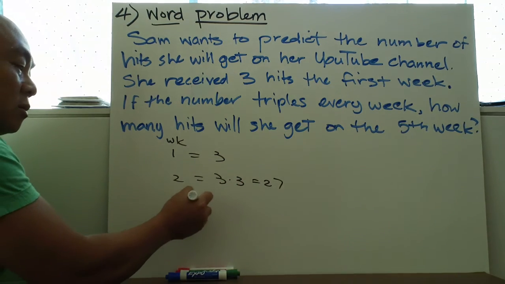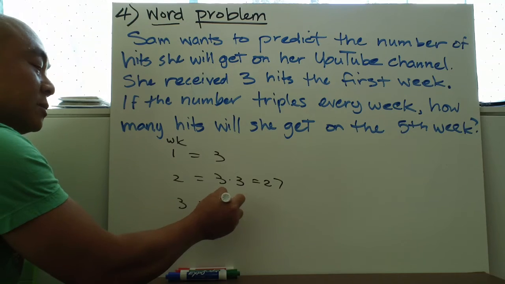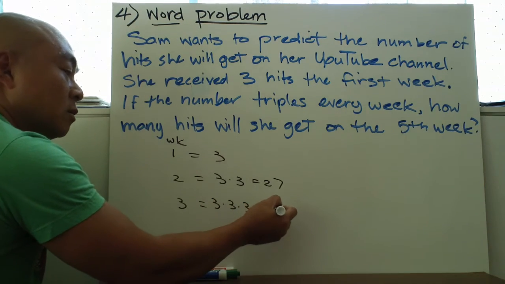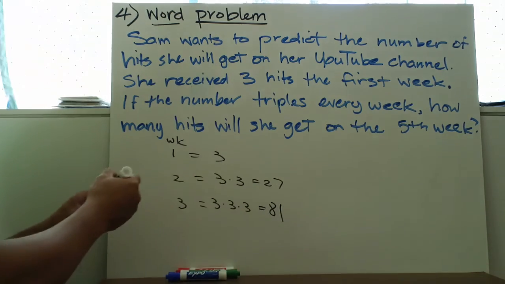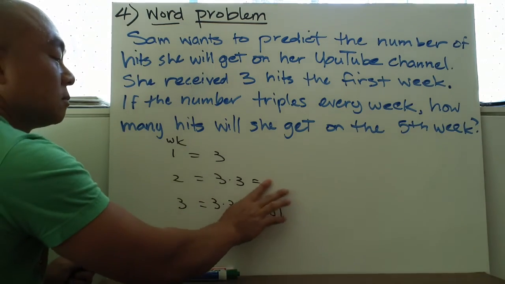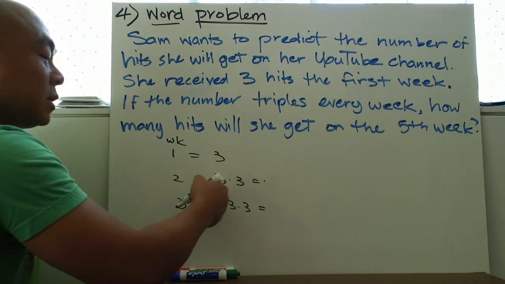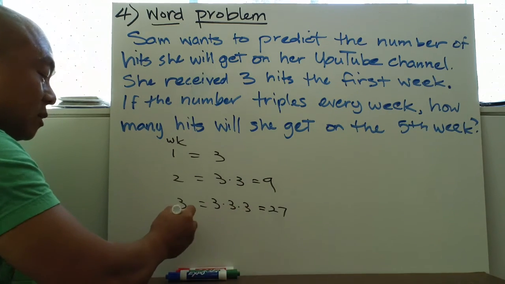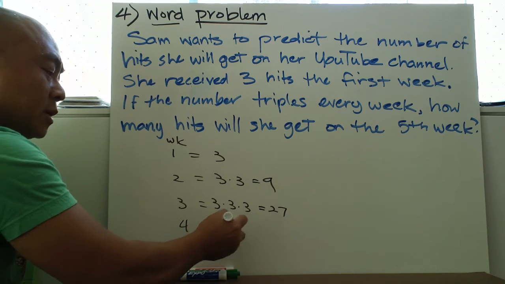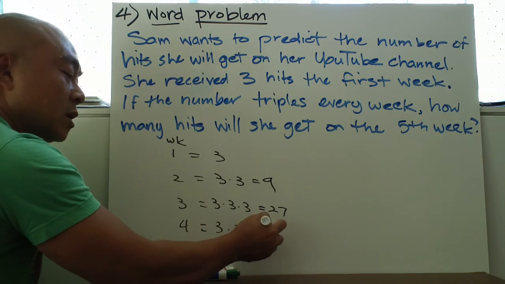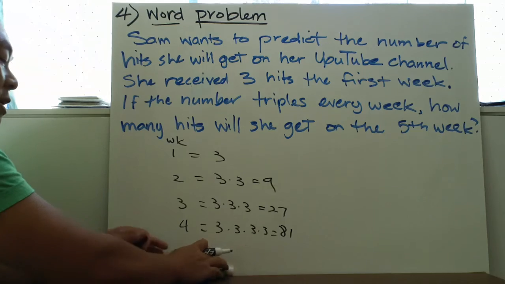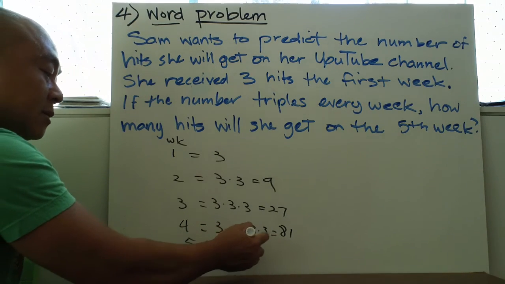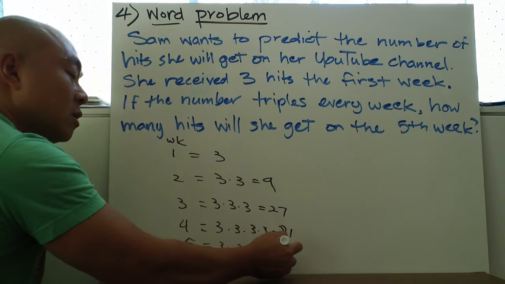Our 3rd week would be 3 times 3 times 3, so it triples that, and that gives me 27. The 4th week would be 3 times 3 times 3 times 3, and that gives me 81. And then finally, on the 5th week, 3 times 3 times 3 times 3 times 3 is going to give me 243.